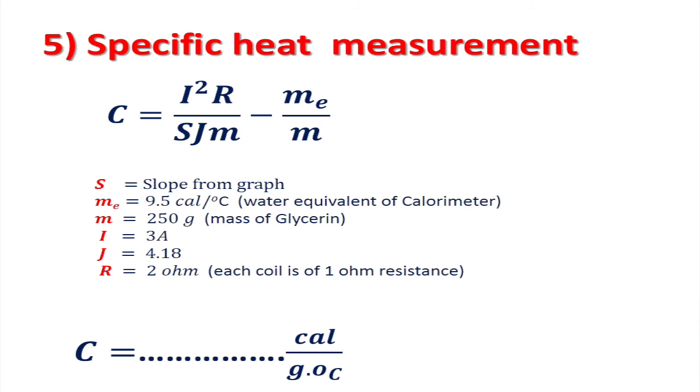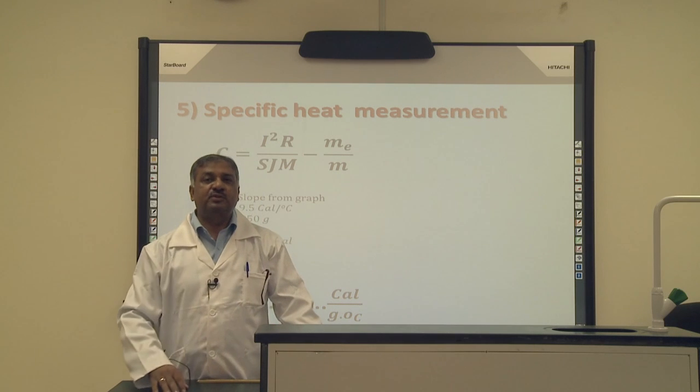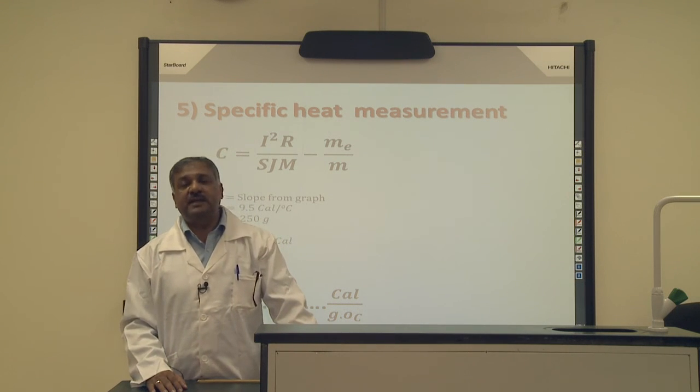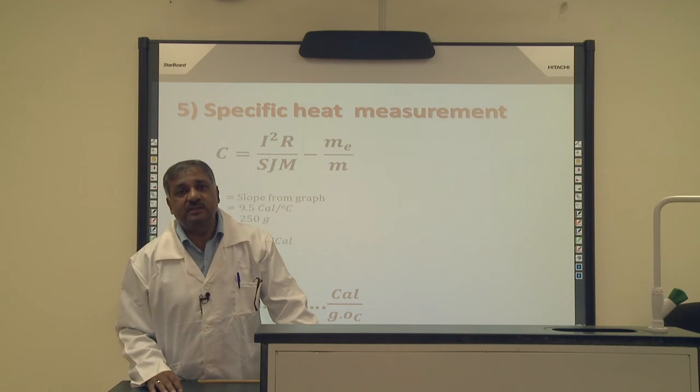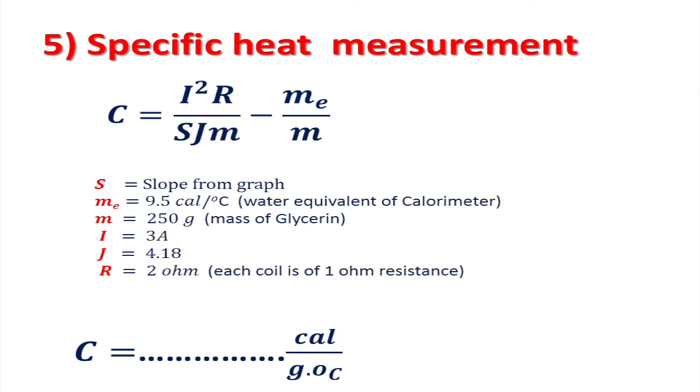Putting in all the constant values, you will calculate the specific heat of this glycerine which is given to you in this small cup of the calorimeter. Keep in mind every material has its own specific heat which is constant for it.